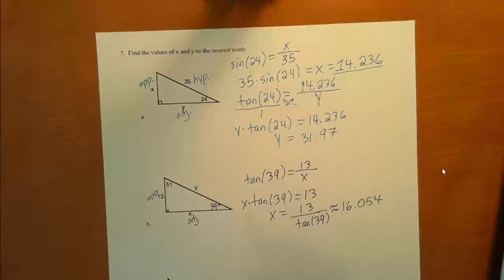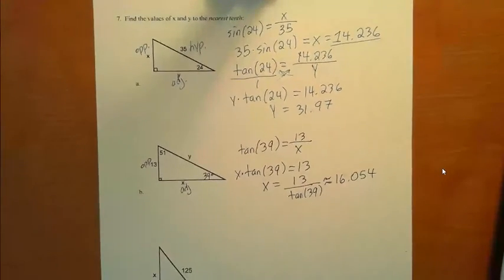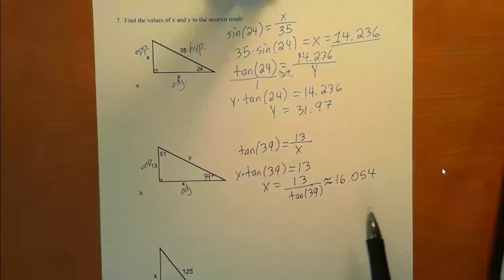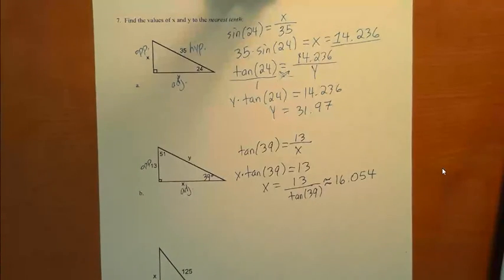And now we have both legs of a right triangle using our trig functions. So something that you might be thinking is, well, if I have two sides of a right triangle, I can use the Pythagorean theorem to find the hypotenuse.